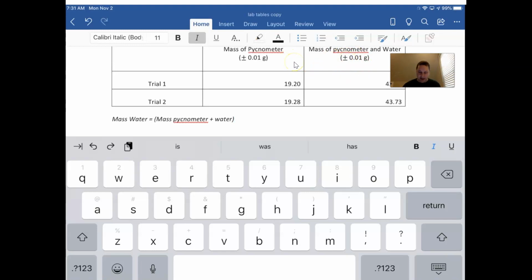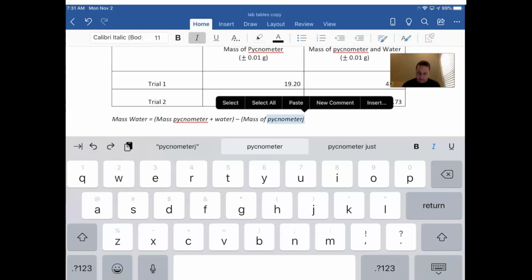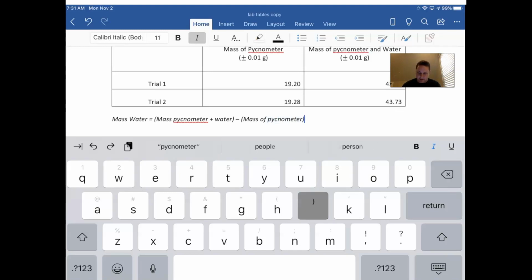And I need to subtract from that the mass of the pycnometer. I'll put a subtraction sign, and so we know that's all one thing.